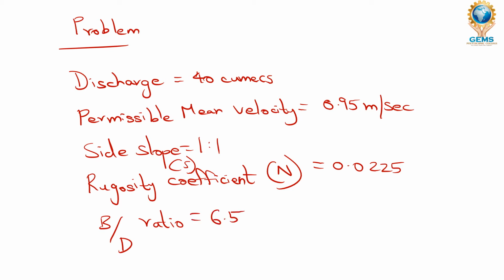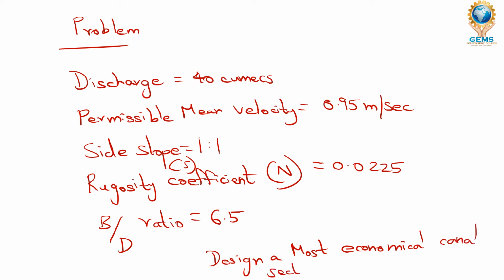Now with these values they are asking us to design a most economical canal section using Manning's formula. So in the next slide we can see how to design this most economical canal section using the Manning's formula. Okay, let's proceed.